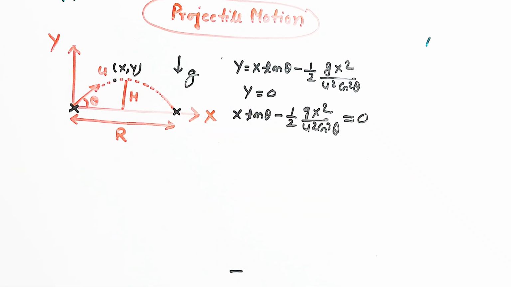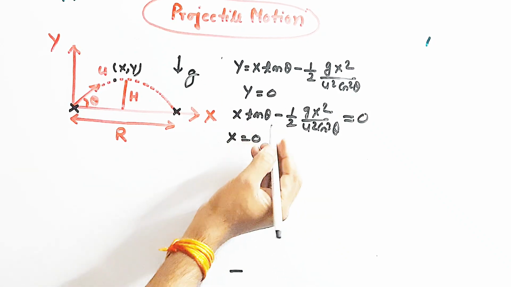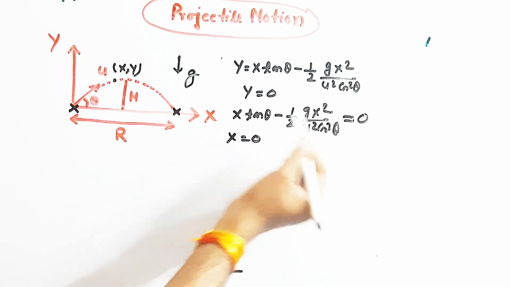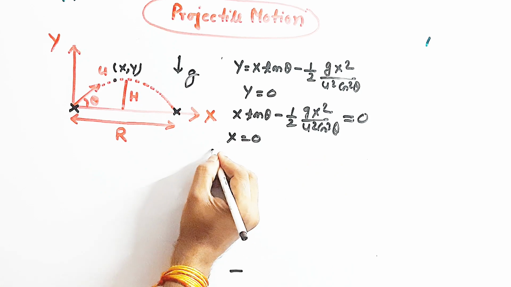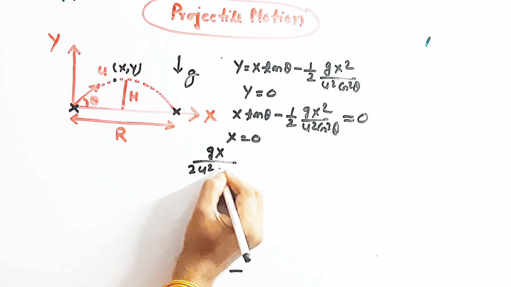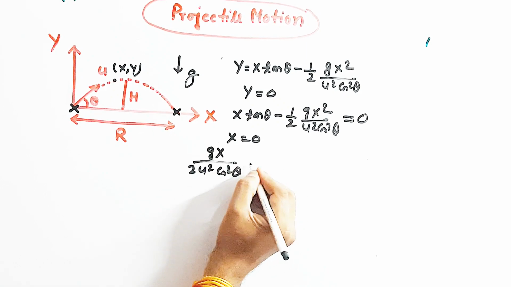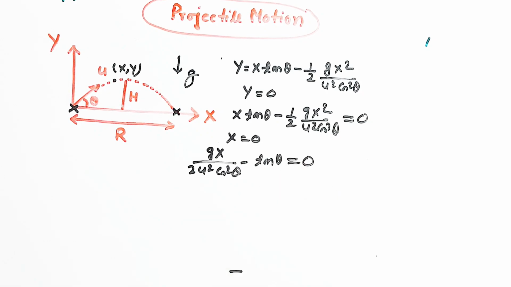It has two roots of x. The first root is x = 0, because if you take x common, it becomes 0. What is the second root? The second root: g x divided by 2u square cos square theta minus tan theta must be equal to 0.